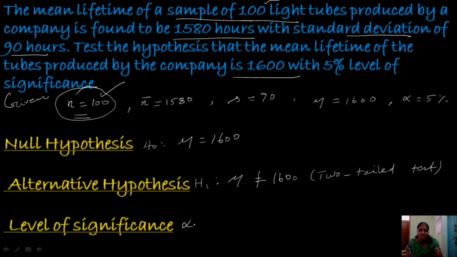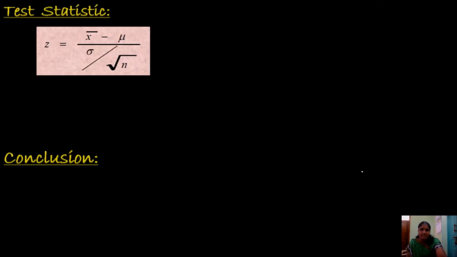Next, level of significance alpha is given as 5%. After setting up the null hypothesis and alternative hypothesis, let me move on to the test statistic. Under the null hypothesis H naught, my test statistic is Z equals x bar minus mu over sigma by square root of n.